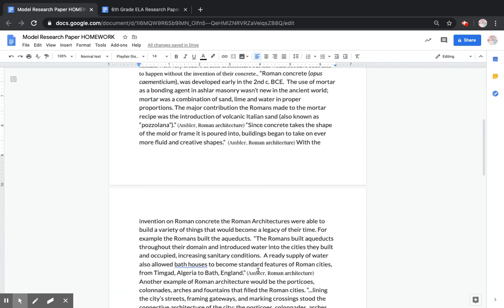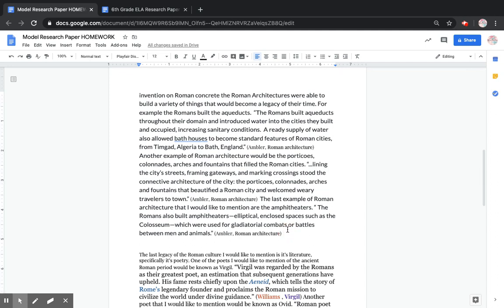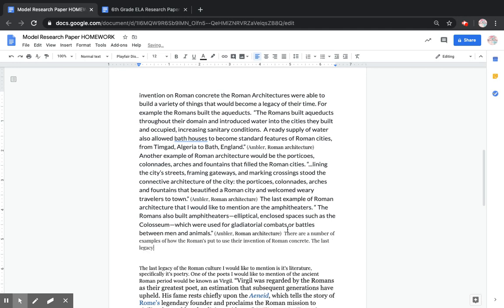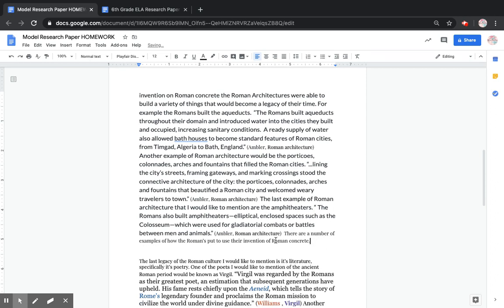So then this one, I would talk about how there are a number of examples of how the Romans put to use their invention of Roman concrete. I already put that one there for the last legacy I would like to see.